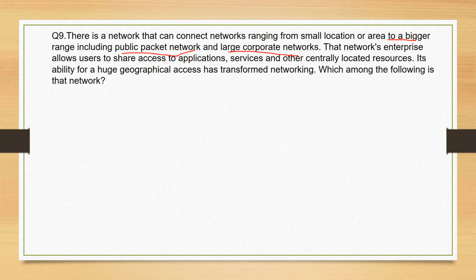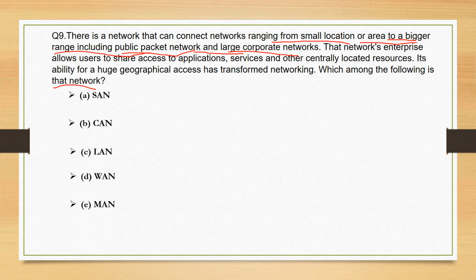Which among the following is that network? So we need to identify a network which ranges from a small location to a bigger range, including public packet network. So what can be the answer? Let's go to the options. We have SAN, CAN, LAN, WAN and MAN.